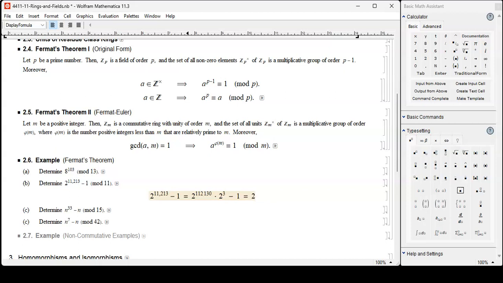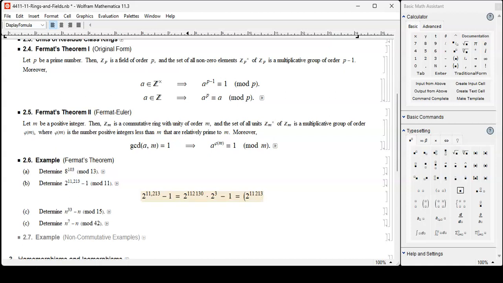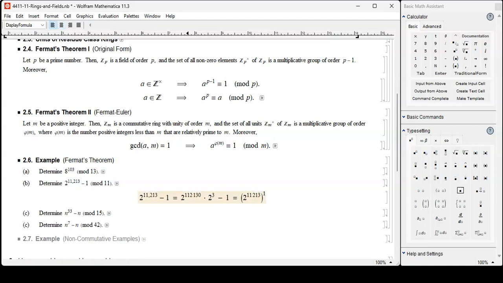So this is 2 to the 11,210, which is 2 to the 10th power to the 1121st, times 2 to the 3rd power, which is 8, minus 1.